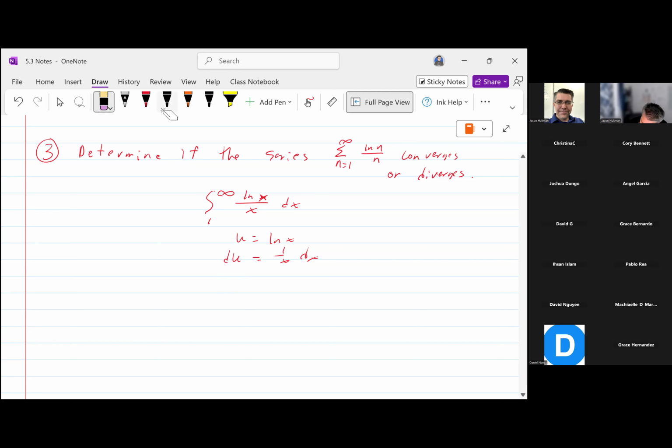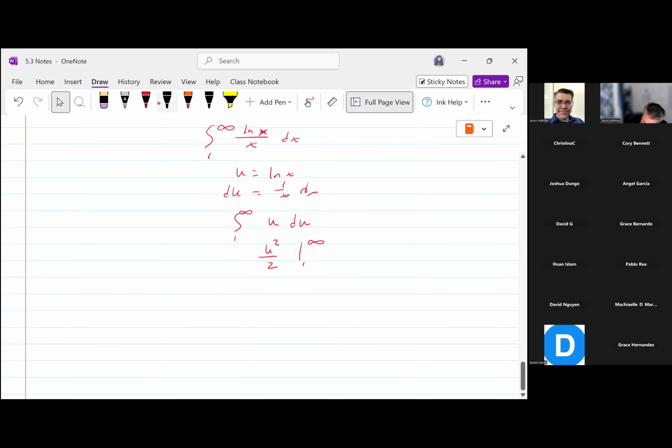I am going to do a u sub here. So this is u du, which becomes u squared over 2 from 1 to infinity. But again, I'm going to go back to what u was. u was natural log of x.